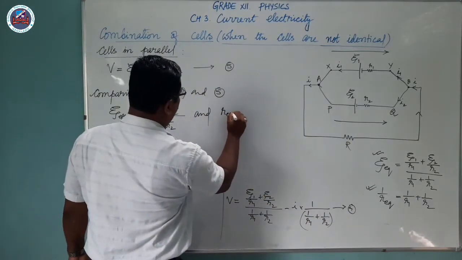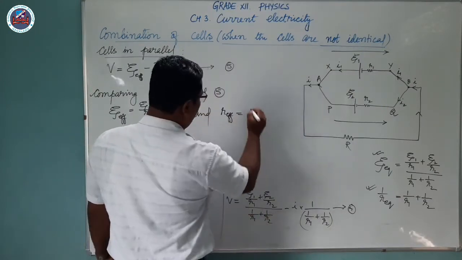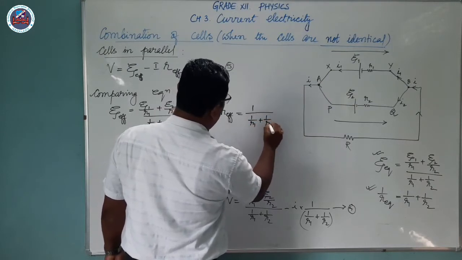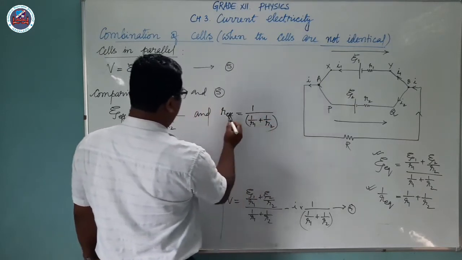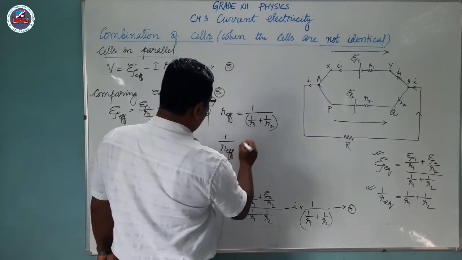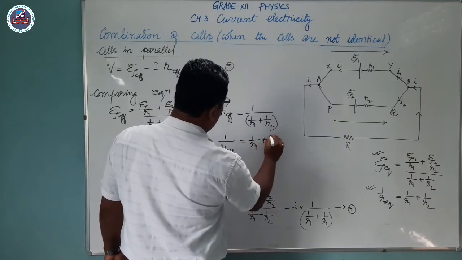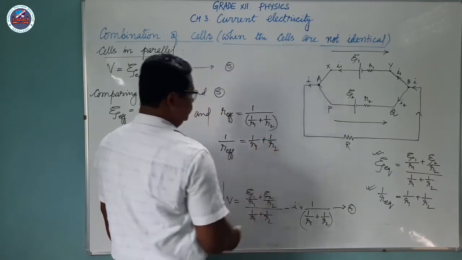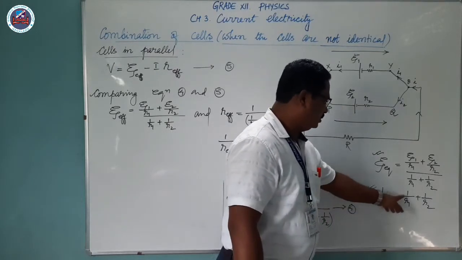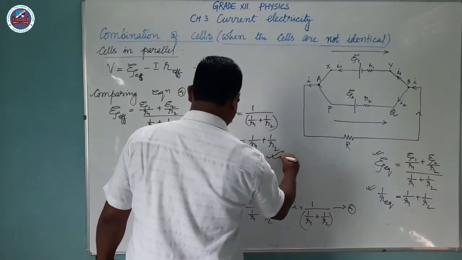R effective is equal to 1 by R1 plus 1 by R2. This we can write as 1 by R effective is equal to, reciprocate it, 1 by R1 plus 1 by R2. You can see here 1 by R equivalent is equal to 1 by R1 plus 1 by R2. Like this you will get it.